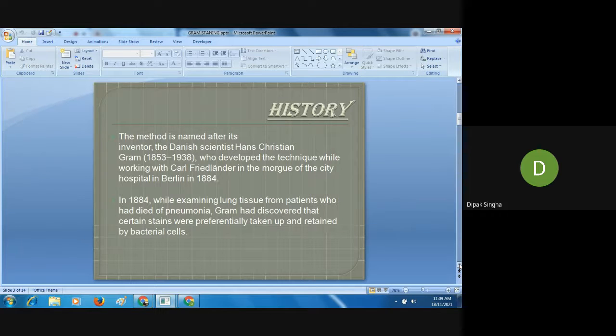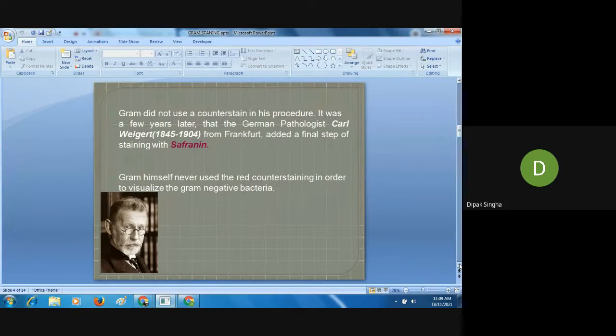So he first discovered the bacterium that causes pneumonia by staining, and the procedure was named gram staining after the scientist. Gram did not use the counter stain. The counter stain is another stain.